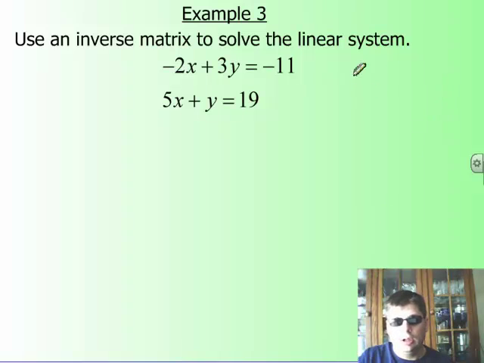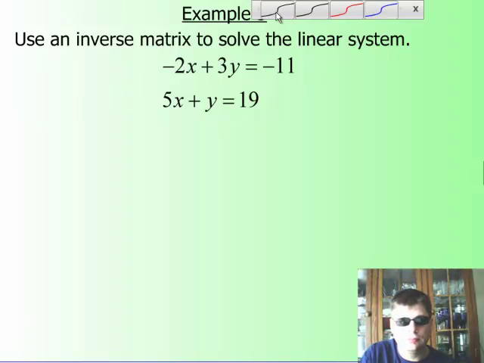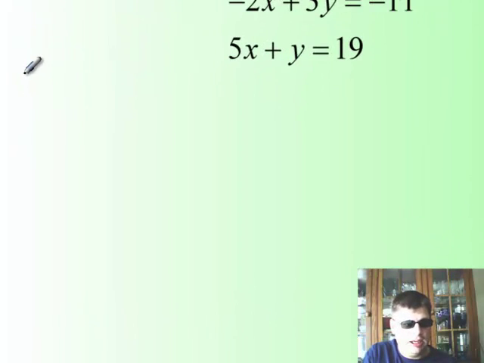We'll set up our matrix by, let me get an eraser. We'll set up matrix A with the coefficients. So we'll start with the first one, which is -2, and then 3 on the y.